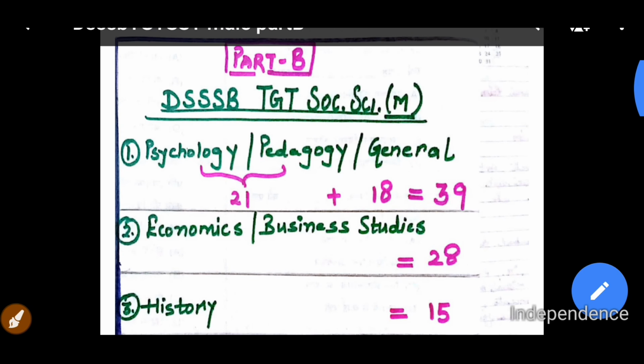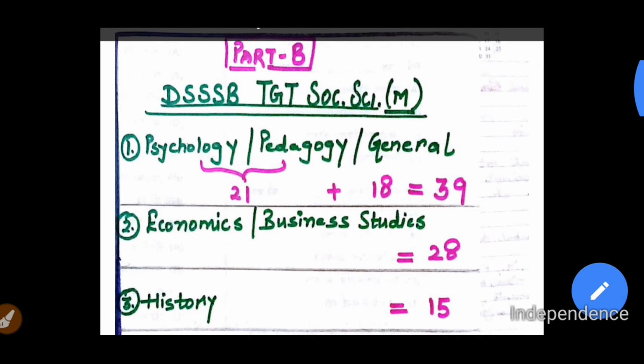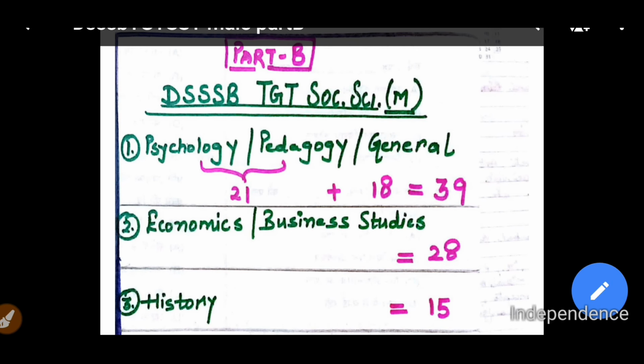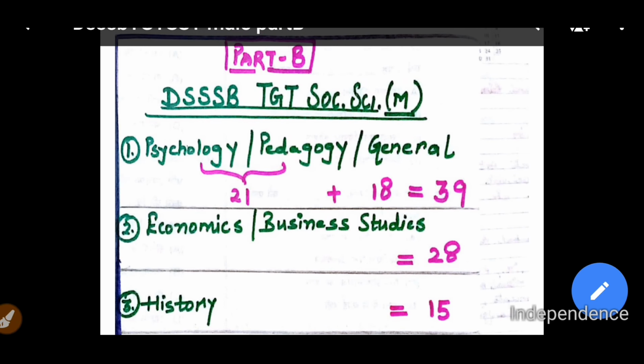So the first is psychology, pedagogy, and general. A major portion came from this part. If you are a B.Ed fellow, which obviously you would be for a TGT exam, I think this is going to be clear if you are thorough with the theories and all the B.Ed concepts that you have done in your B.Ed education.